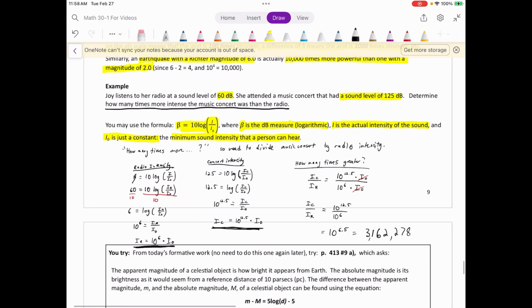So see how logarithmic scales sometimes can kind of hide how much more dramatically large a value is, right? But that's because there's this huge range. Just going from a radio to a concert, we're increasing the sound intensity by a factor of 3 million. So you can see why we come up with these logarithmic scales to give us a more convenient way of representing these things that have a huge range, right?